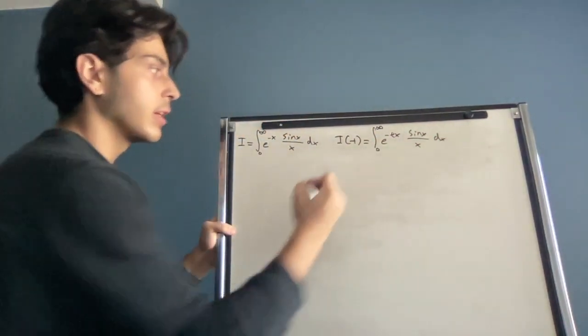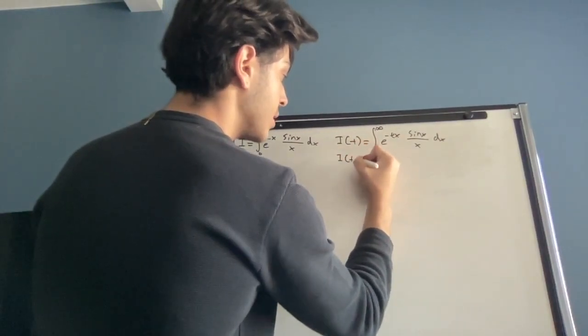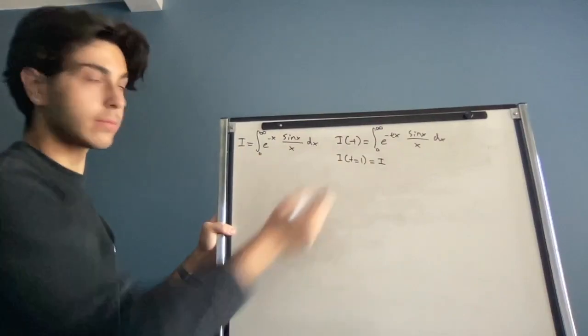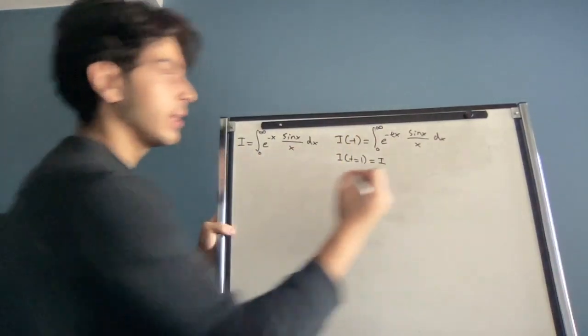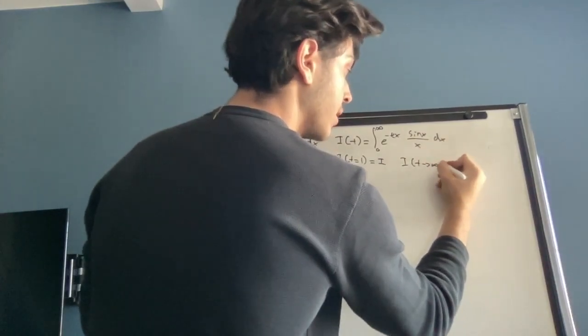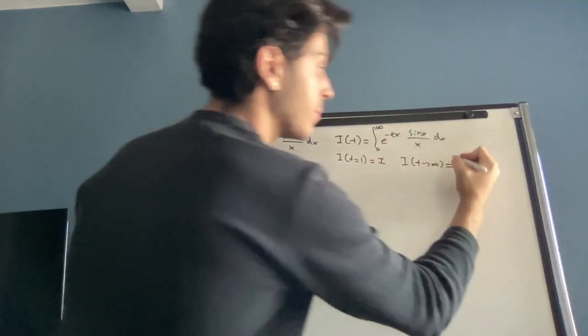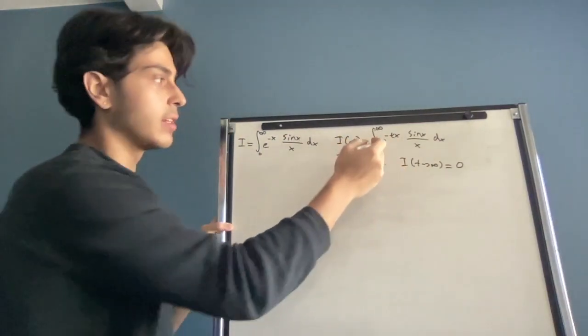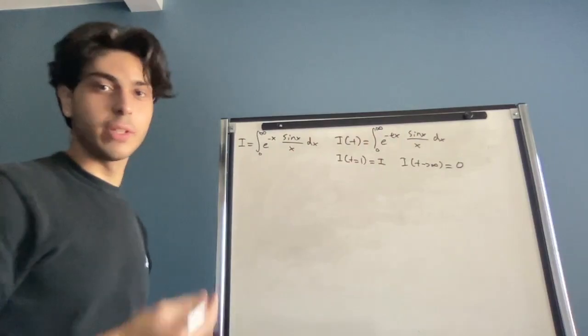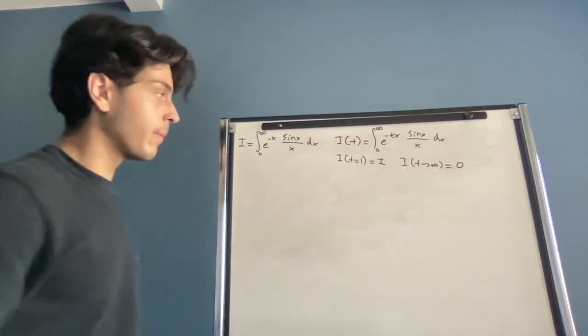And we can do this because at I of t equals 1, this just becomes our original integral. Another thing you can add is that as t approaches infinity, I of t will collapse to 0. This is because e to the negative infinity becomes 0, integrating 0 becomes 0. That's going to be important for later.